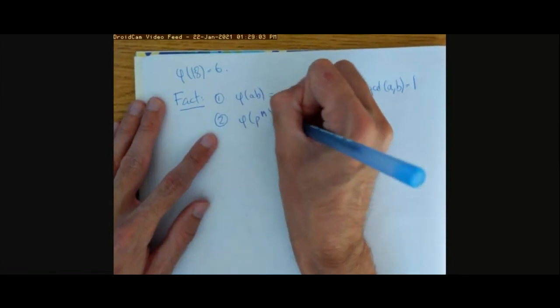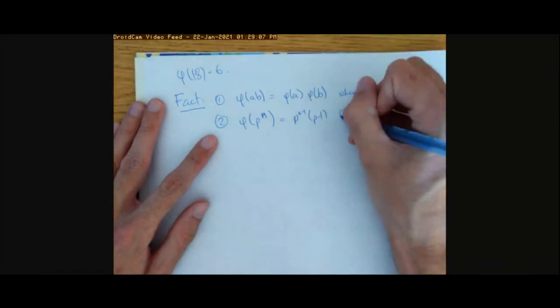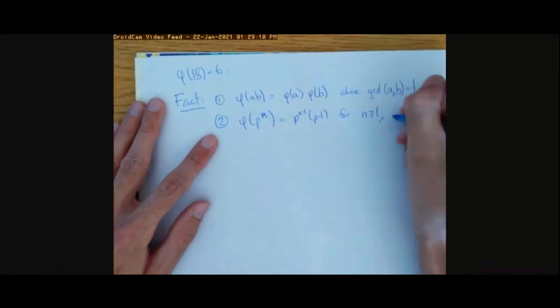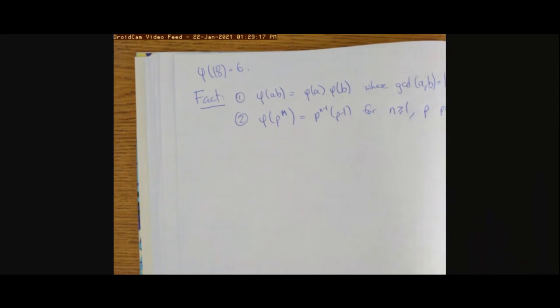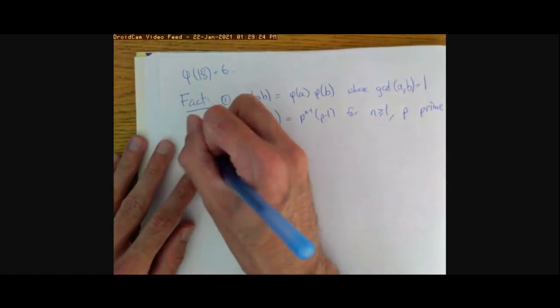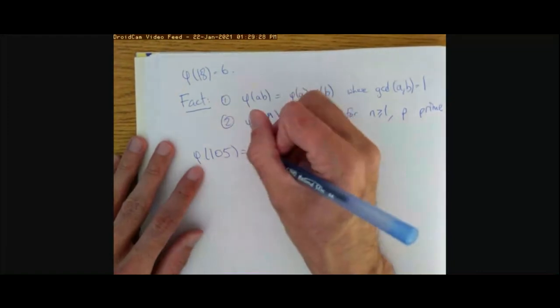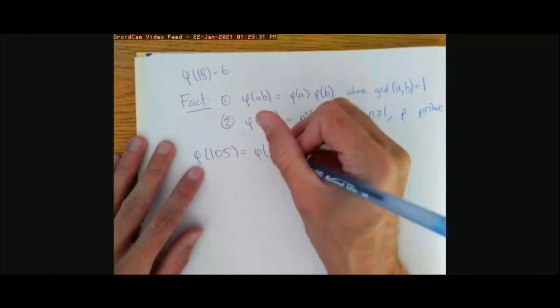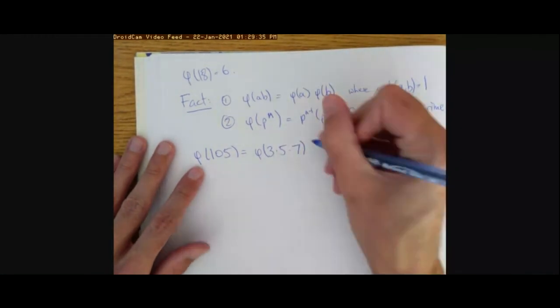And the second thing is that phi of P to the N is just P to the N minus 1 times P minus 1, for N greater than or equal to 1, P prime. For example, if I want to compute phi of 105, that's just phi of 3 times 5 times 7.